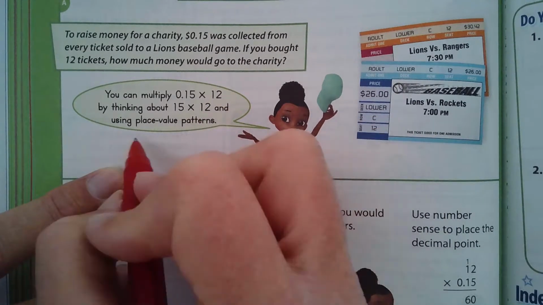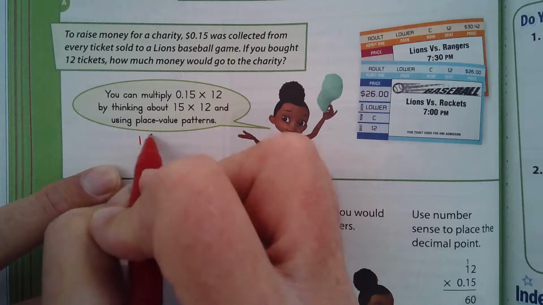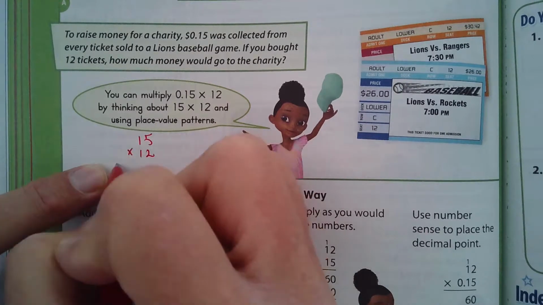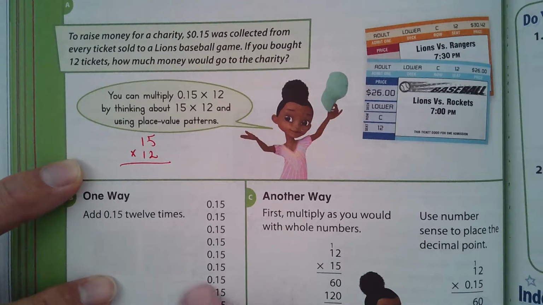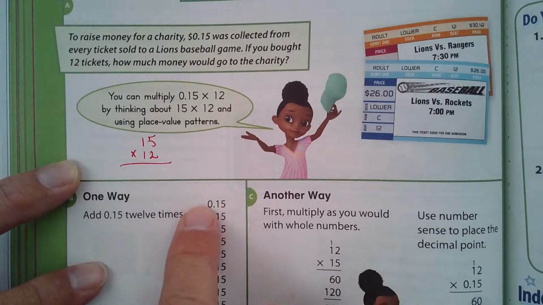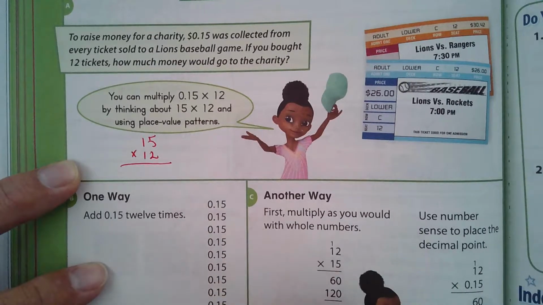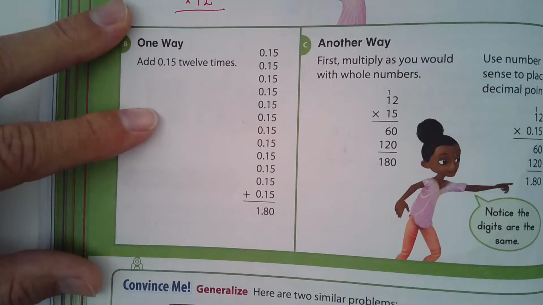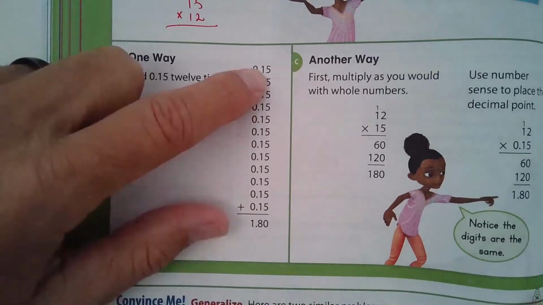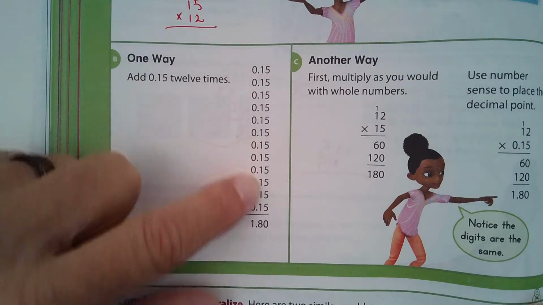And so what they did is just simply set it up like this, and that's what I was explaining on the other page. You just got rid of the decimal. Remember, you got to factor the decimal back in. And then they said, here's another way you could do it, is adding 0.15 12 times.